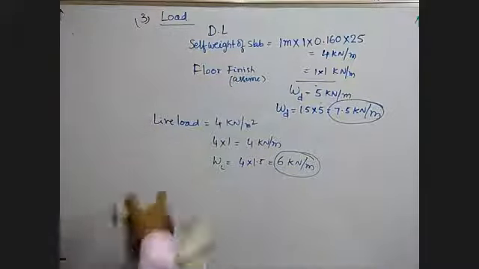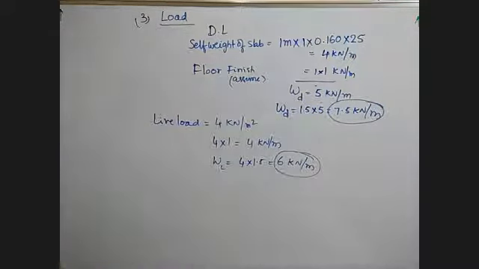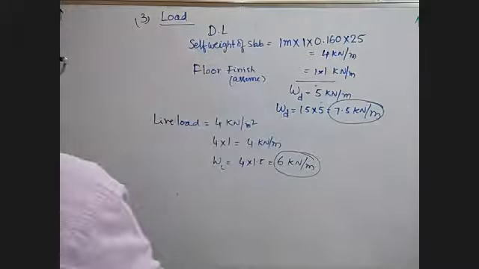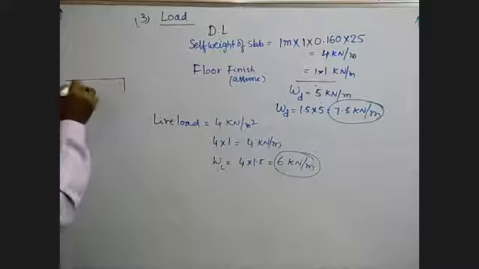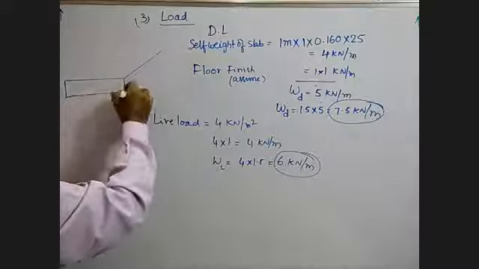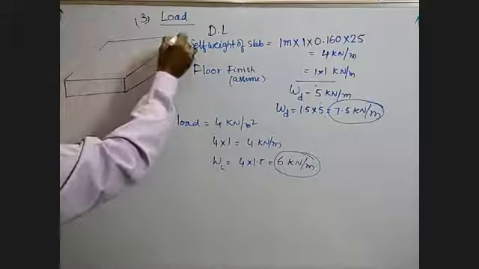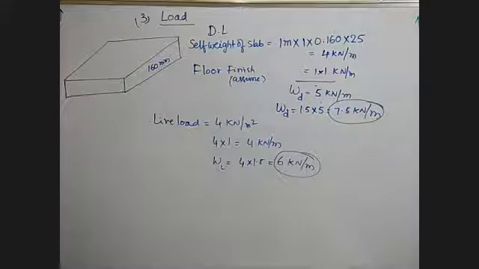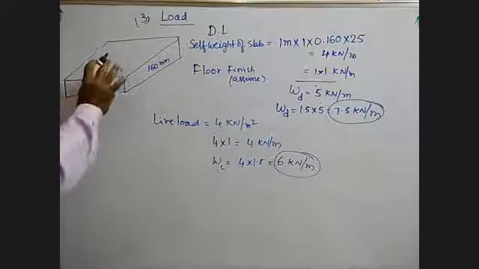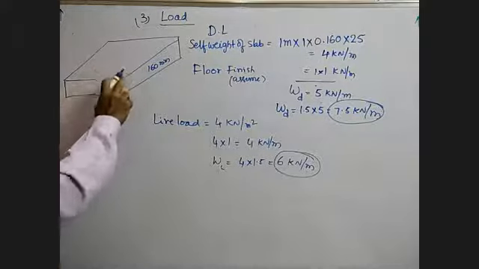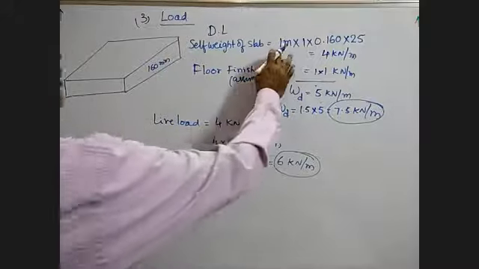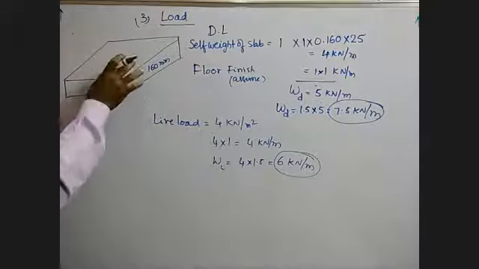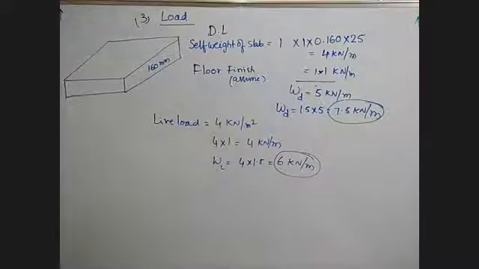Did everyone understand the dead load and live load? Yes, sir. Dead load is the self weight of the slab. Look at the slab. The thickness is given as 160 mm, we calculated with the unit weight of the slab, taking the total weight for 1 meter length and 1 meter width. So per meter length we are calculating the load here.